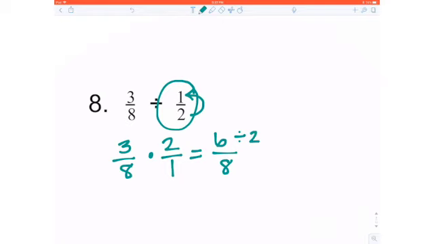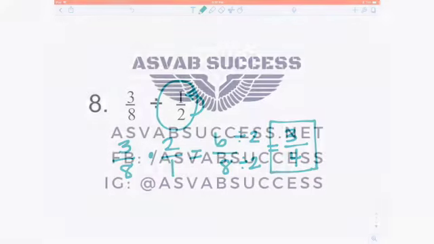We're going to divide by 2 on the top and the bottom because we want to simplify. These are both even numbers, so I know I can divide them by 2. 6 divided by 2 is 3. 8 divided by 2 is 4. And our answer for number 8 is 3 over 4.